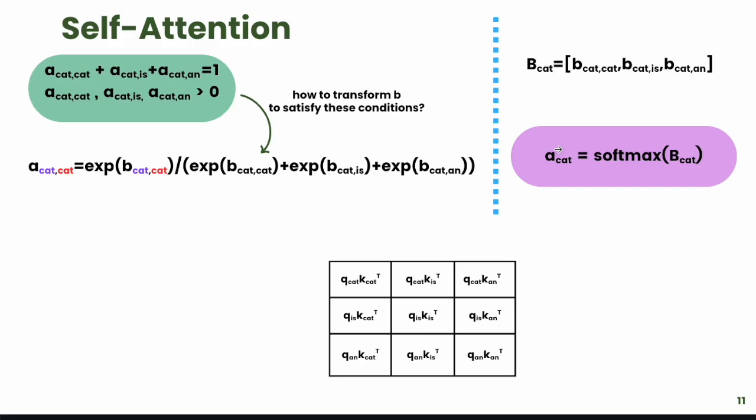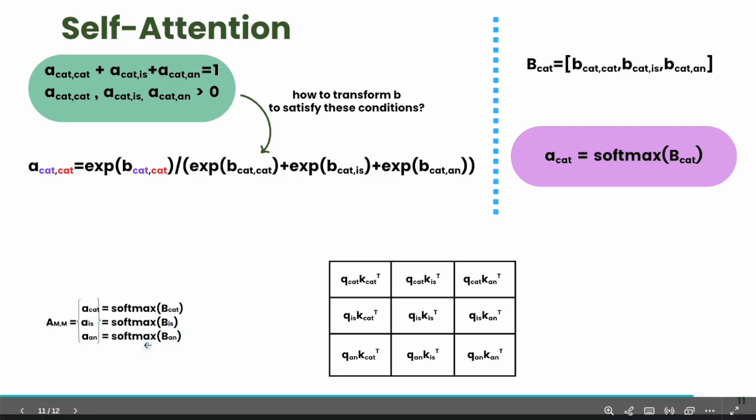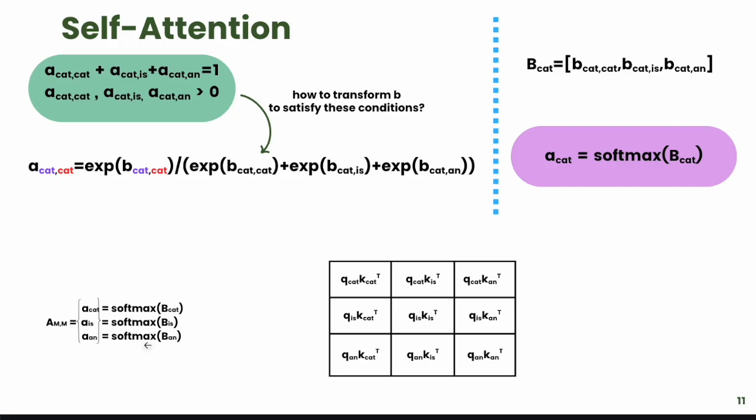Then we can express everything in the form of a matrix product. We have 3 different weight vectors: a cat, which is softmax applied to b cat; a is, which is softmax applied to b is; and a am, which is softmax applied to b am. It's exactly the same as what we did for cat. We did the same operations for the other 2 words.